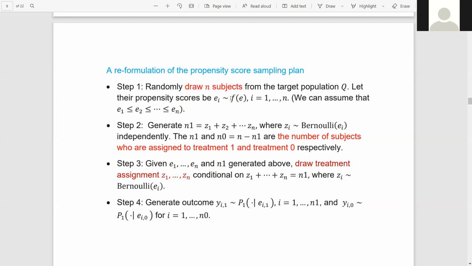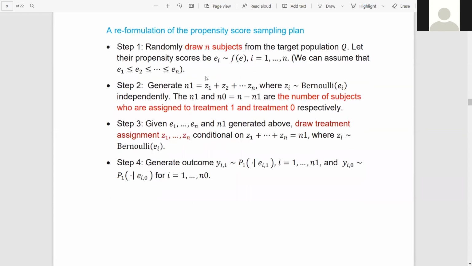This is just from the underlying density of this propensity score. So here we get the first layer of variation. You have n subjects, and then you have E1, E2, and EN. From one n subjects to another n subjects, these n propensity scores will differ from one draw to another draw. So this is the first layer of variation.